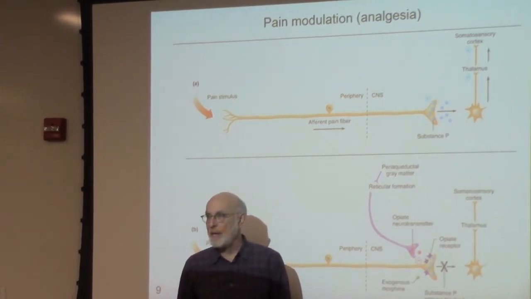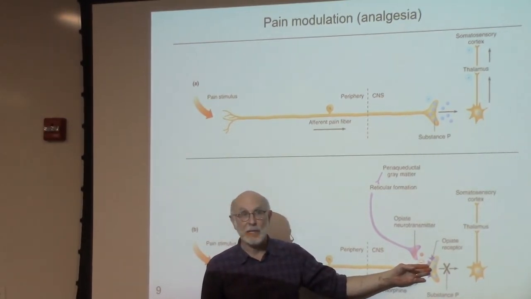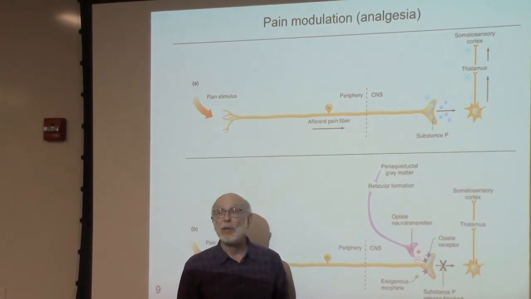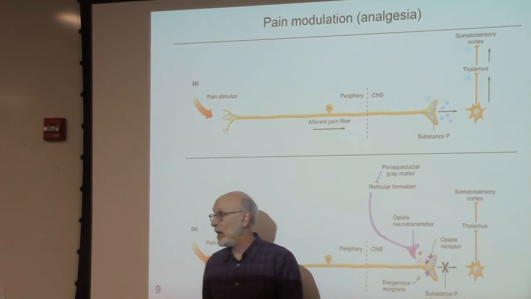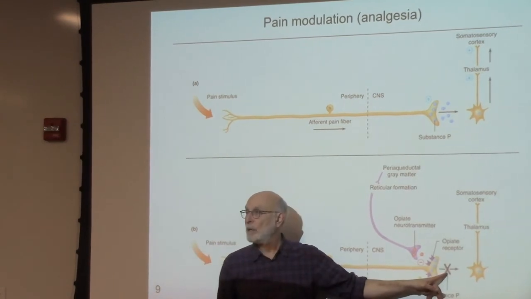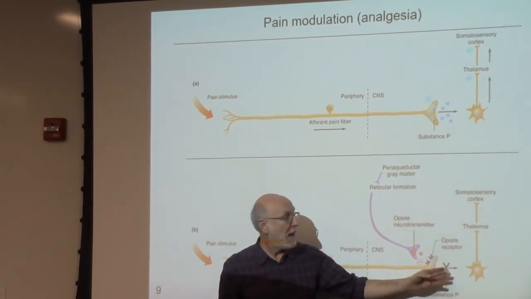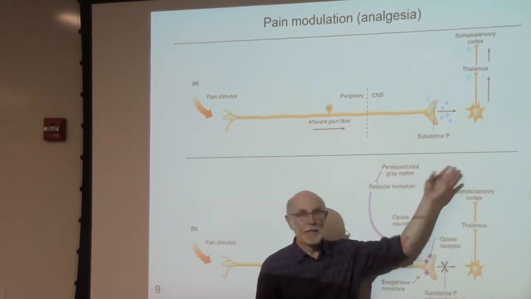Inhibits adenylyl cyclase, inhibits the calcium channels that would trigger neurotransmitter release. The beta-gamma subunit activates the G protein coupled inward rectifier potassium channels, hyperpolarizing the presynaptic terminal, inhibiting the release of the neurotransmitter, and inhibiting the information that gets the pain to the brain.